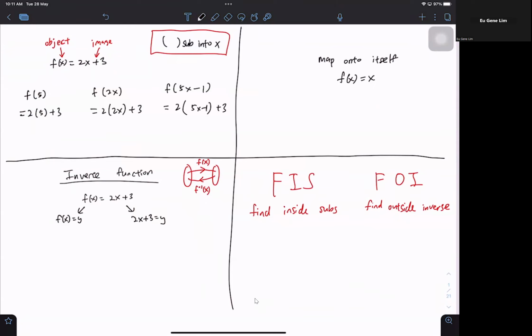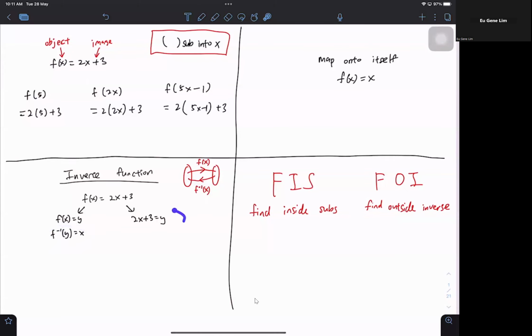Then next, you just switch the place of the x and y. These two, x and y, you switch place, so it becomes f inverse(y) = x. When x and y switch place, it becomes the inverse function.